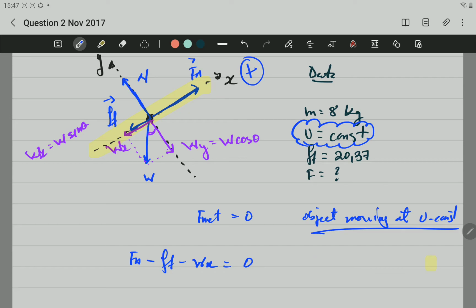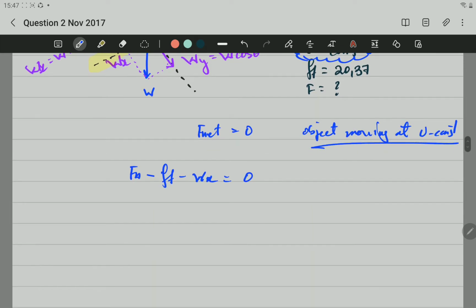It is equal to the weight multiplied by sine of 30 degrees.